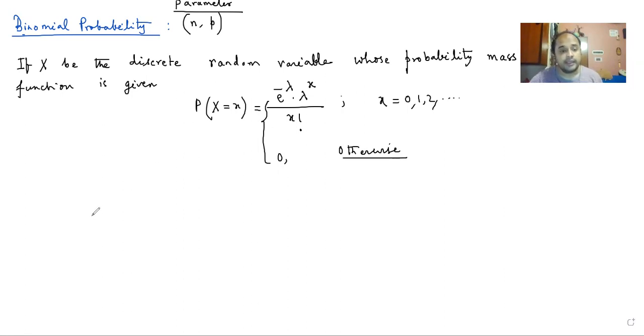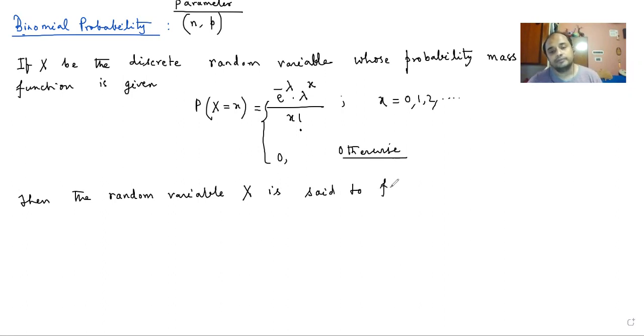If it is so, then the random variable capital X is said to follow the Poisson distribution.